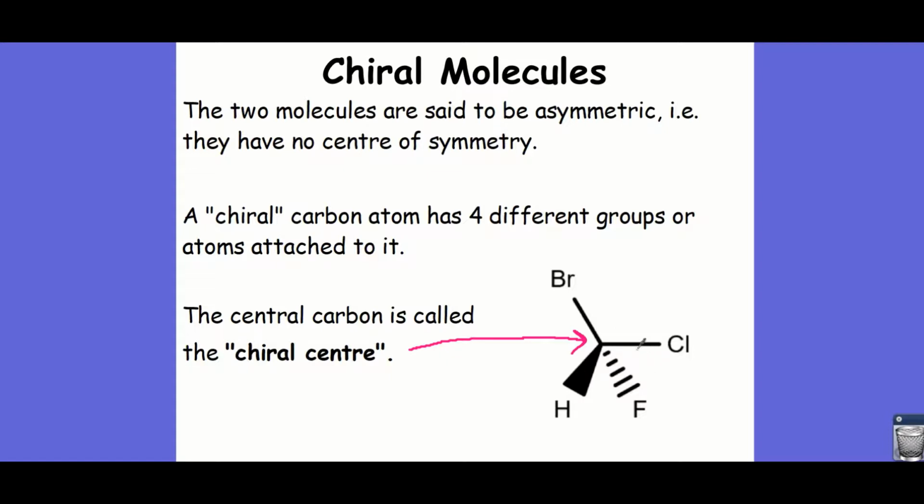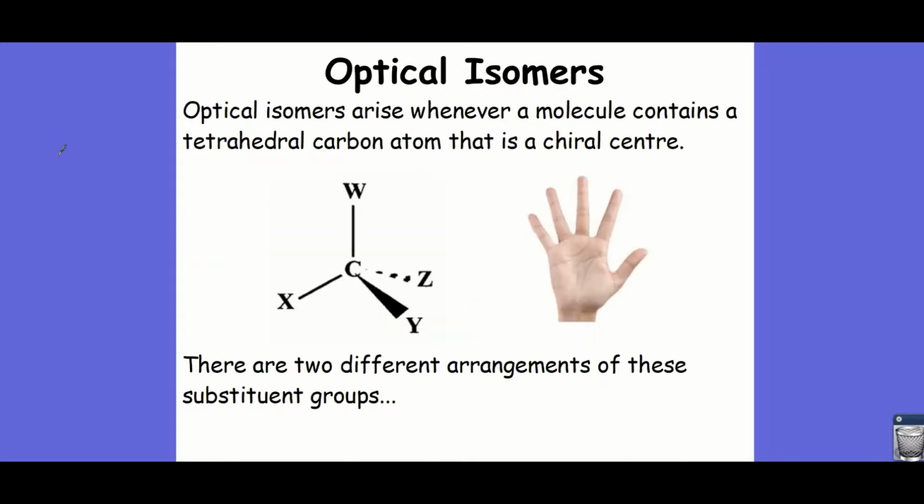So there are 4 different substituents. That is called a chiral center, and you will need to practice getting used to identifying where chiral centers are. So optical isomers arise wherever a molecule contains a tetrahedral carbon atom. So it means it has 4 single bonds.